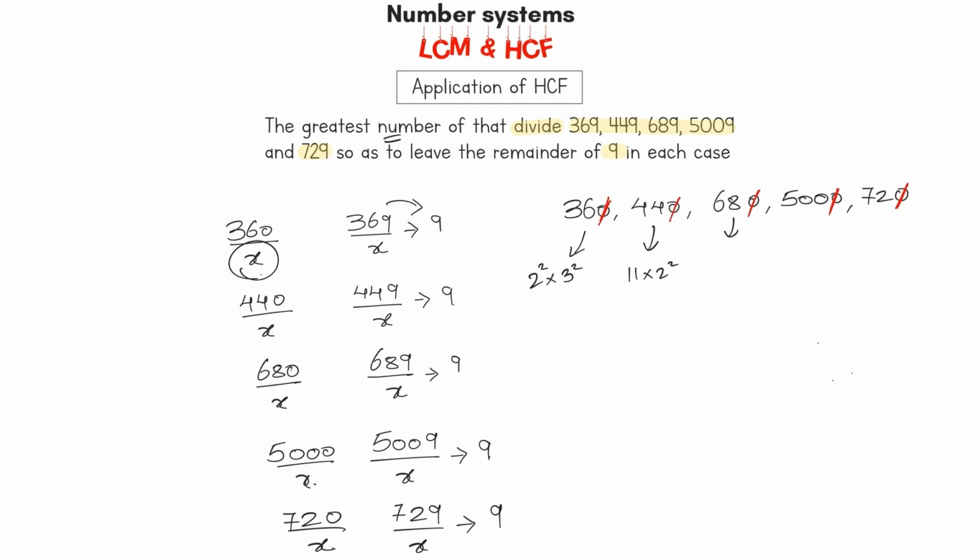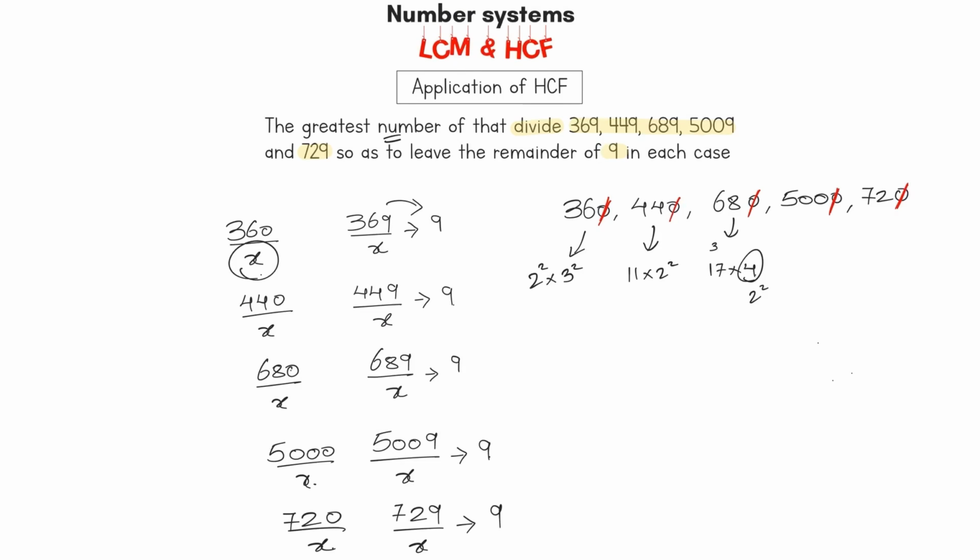This will be 68. So how can I write this now? 68 could be written as 2 into 34, which is 2 into 17 into 2, so 17 into 4, or 17 into 2 square.